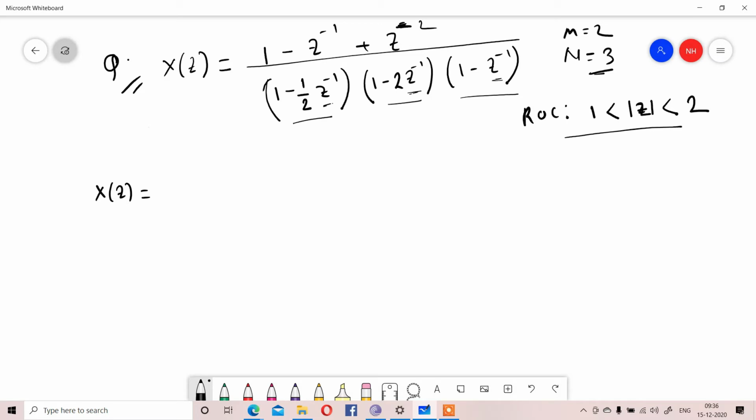So three z inverse multiplied means it will be z to the power minus 3. Any other combination will not give z to the power minus 3.